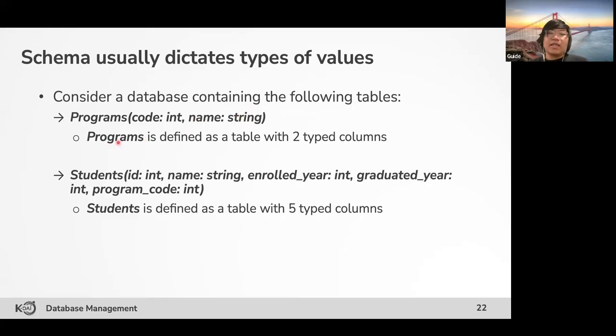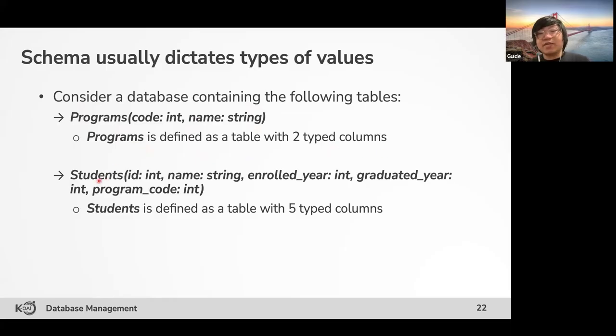Basically, this means if we define a schema of a table like this, in this database we will have a table, namely programs, which is a table with two typed columns.